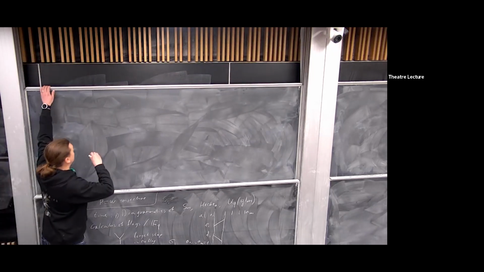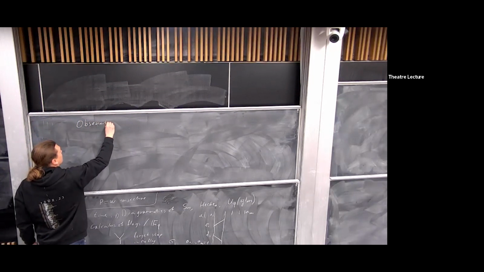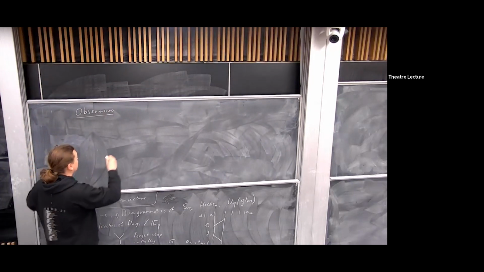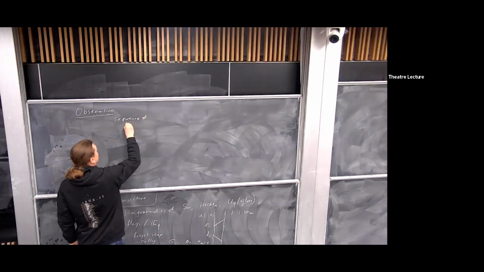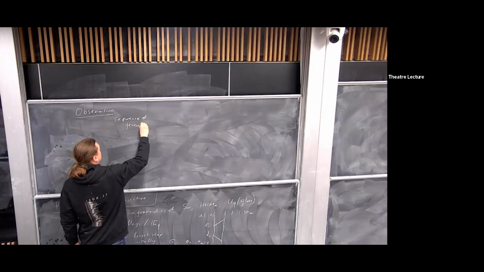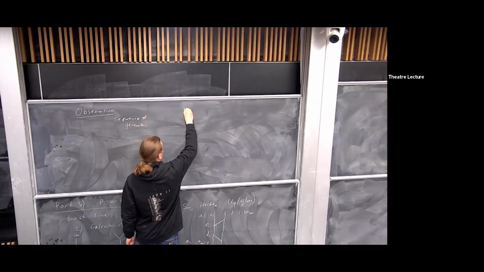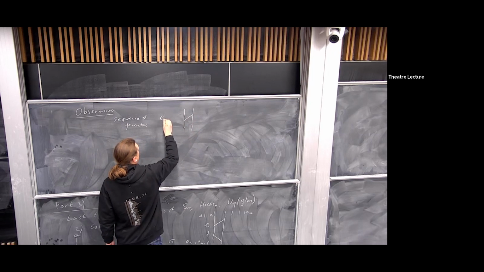So let me start with making some observations. Whenever you have some sequence of generators, it corresponds to some picture. For instance, imagine you have something like E1, E2, E1.